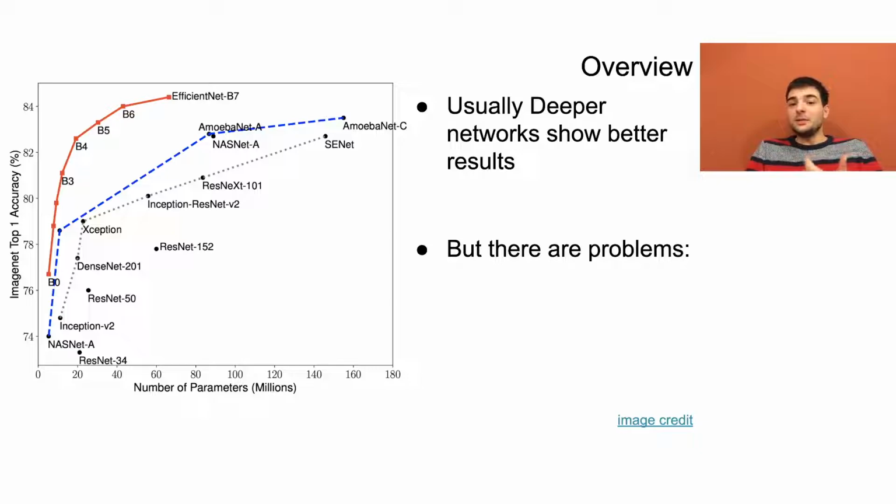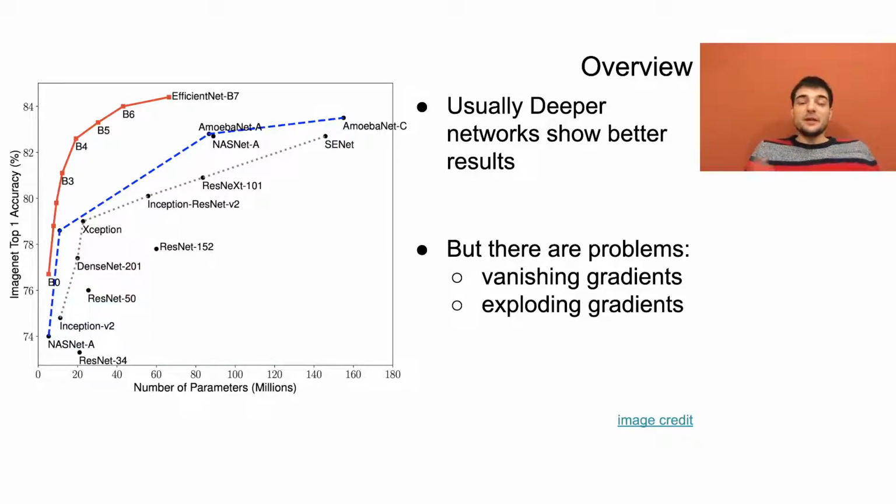And of course, deeper networks have many problems. They can face vanishing gradients, like we've seen in LSTMs and GRUs, but actually vanishing gradients are present in all deep neural networks. We can face exploding gradients, so we can get a really strange, huge gradient, change the parameters too much, and break everything. We can see biased activations.